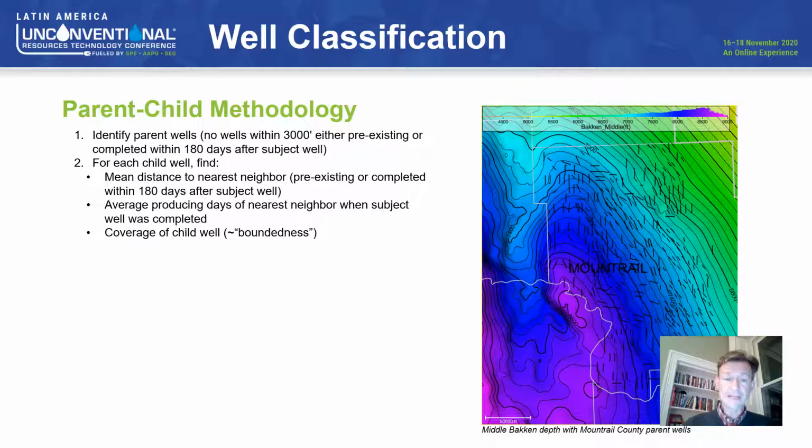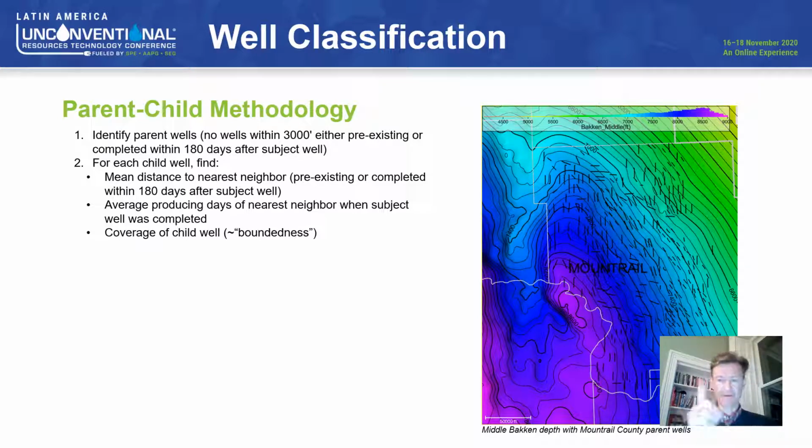For each one of the child wells, I calculated the average distance to the nearest neighbor, again with the same time constraints, and how long the nearest neighbor had been producing. Sometimes if the nearest neighbor came within 6 months after completion of the subject well, it actually had a negative number of days of producing. You'll see how I normalize for that later. And I evaluated the coverage of the well, which you could think of as boundedness.